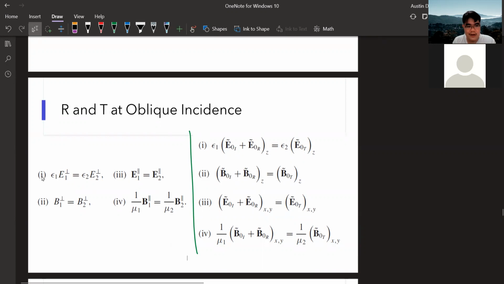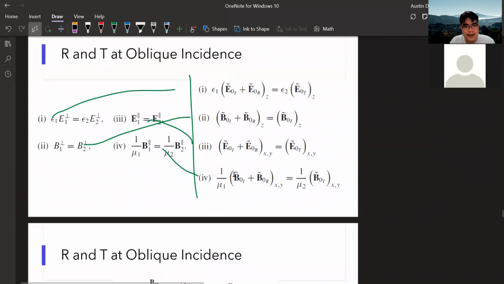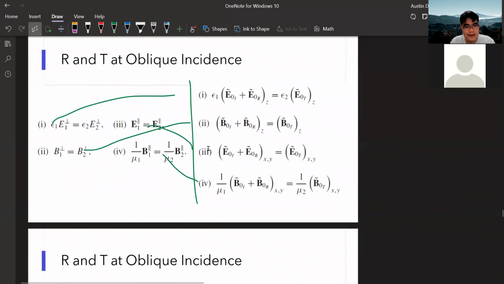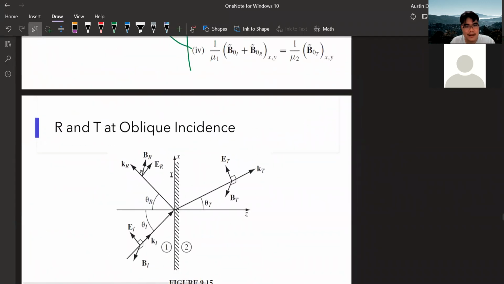So, ito, 1:1, 2:2, 3:3, 4:4, okay? Pansinin nyo guys, lahat ng perpendicular sa surface mo, syempre Z lang yun.